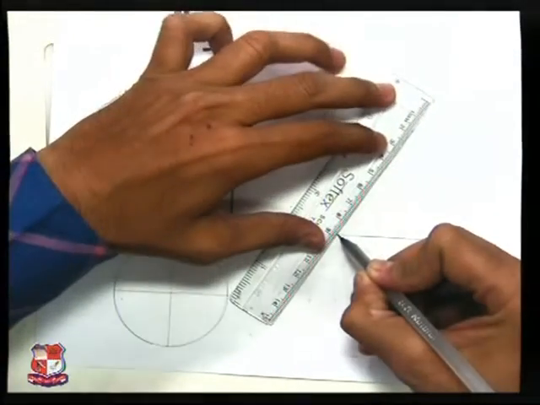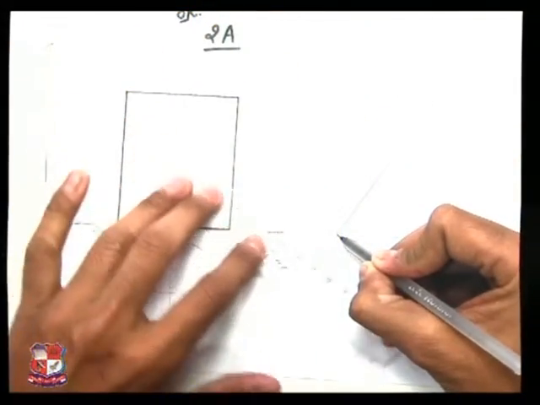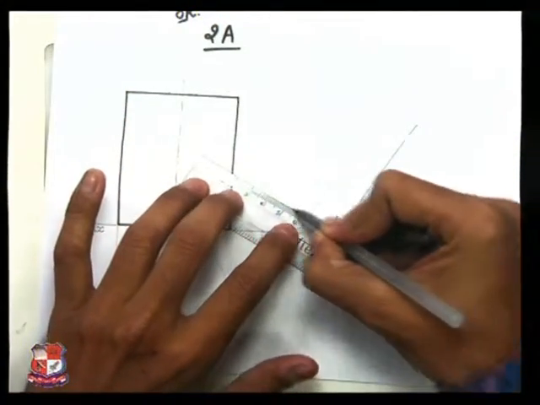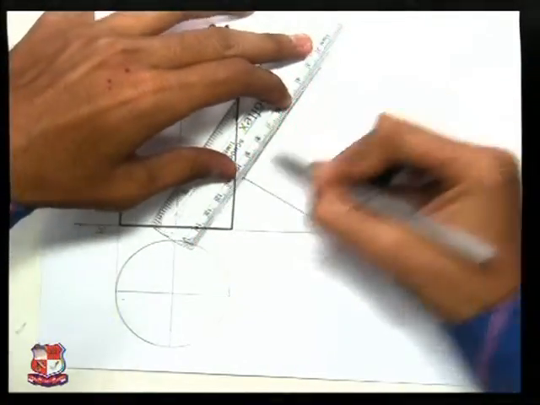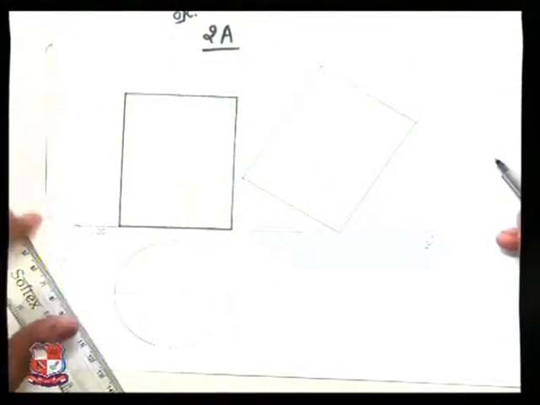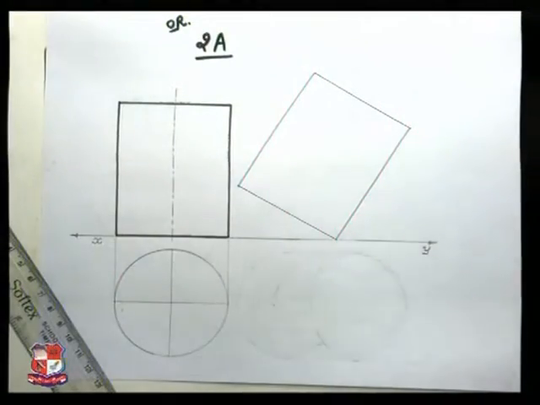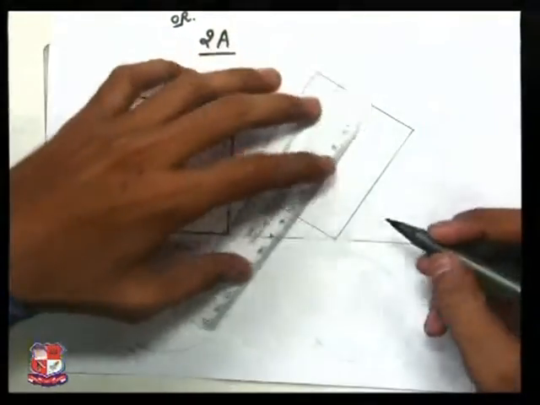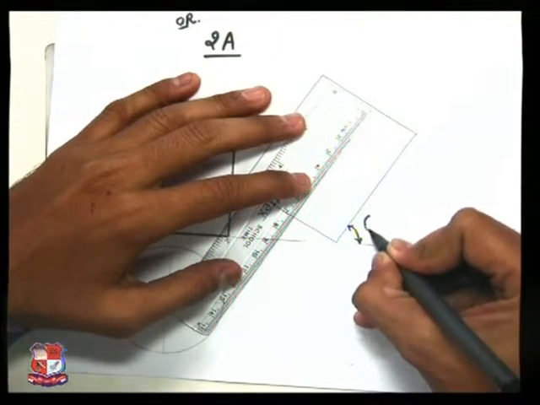Draw a line at an angle of 60 degrees from here, and from here. So we have redrawn the front view, a rectangle like this. It makes an angle of 60 degrees with the XY line.